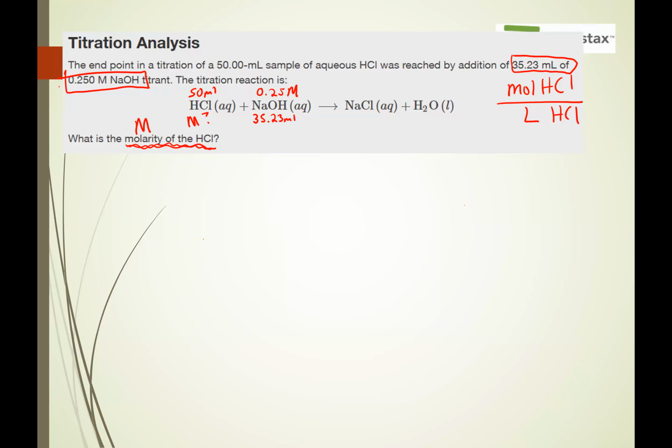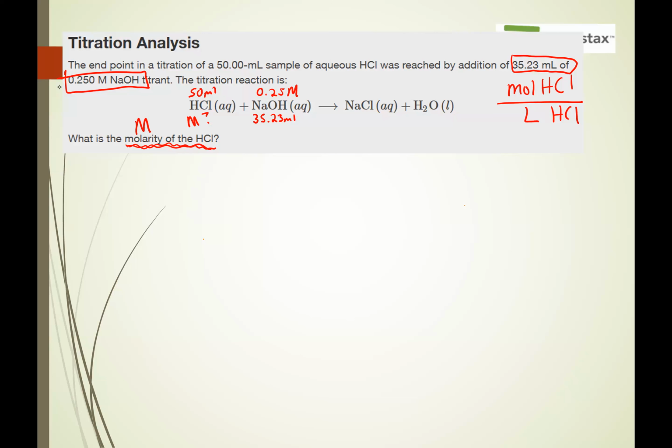Okay, so now we got three numbers again. We got 2 milliliters and a molarity. The milliliters only have one unit and the molarity has two. So we have two choices. We could either start with the 50 or we can start with the 35.23. Everyone see that those are our two choices to start with?